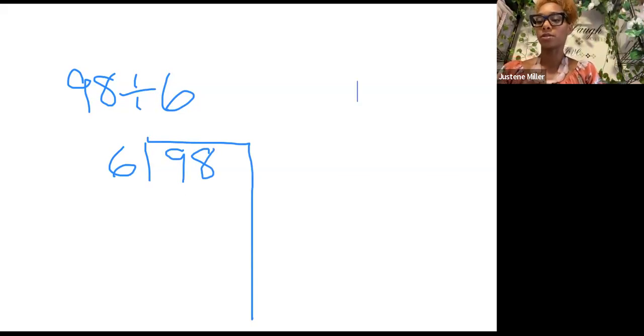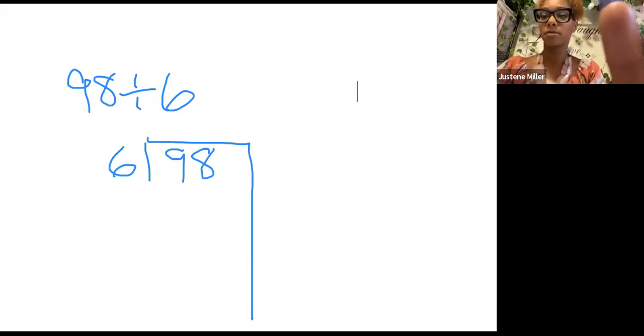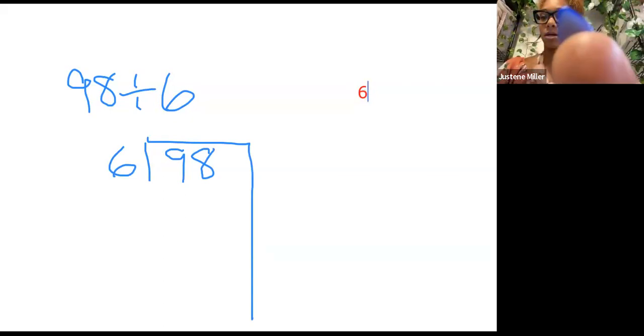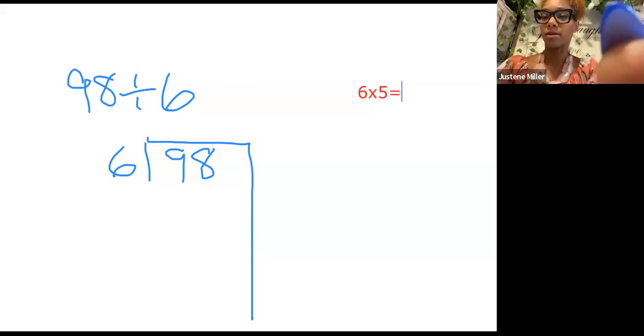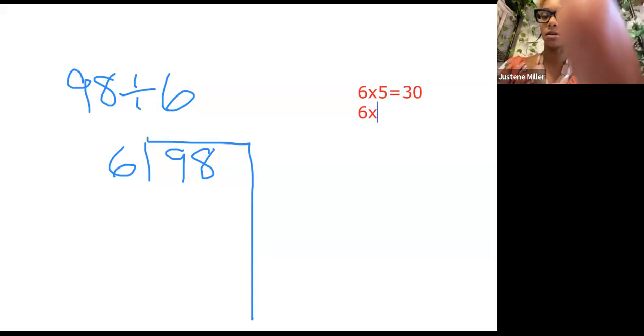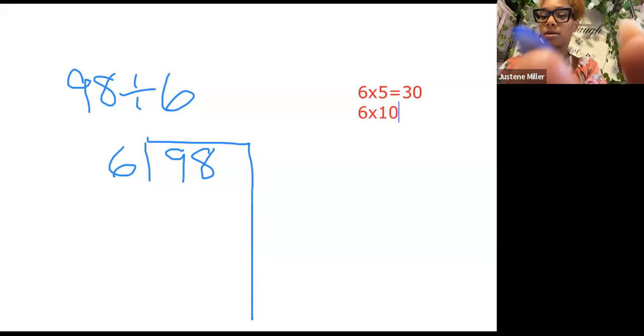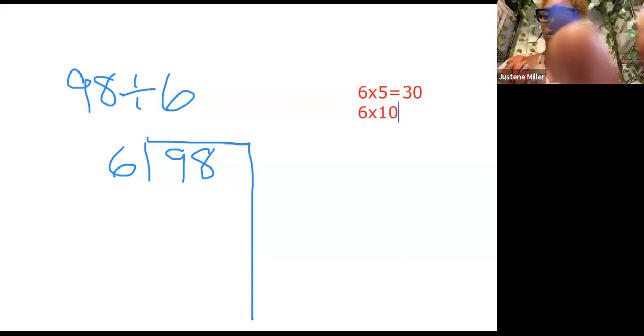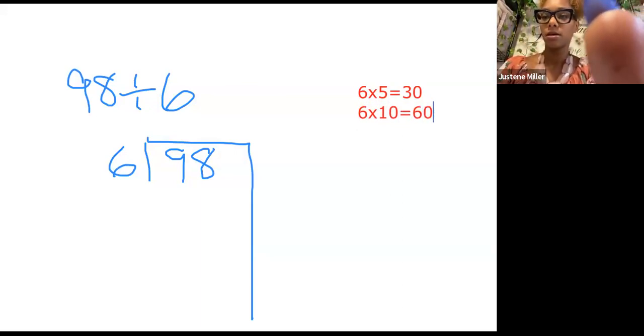So friendly numbers include 6 times 5, that equals 30. Then we can also use 6 times 10. That equals 60. Other ones you can use as well.